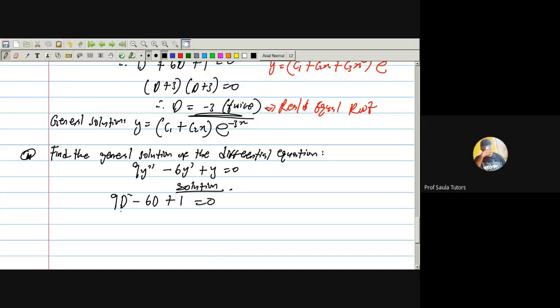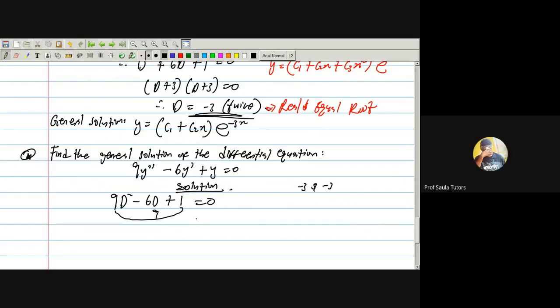So if I solve, remember, quadratic equation, this is 9. Two numbers to give me 9, and when I add them together, I have minus 6. What are they? Minus 3 and minus 3. Minus 3 times minus 3 is plus 9, minus 3 plus minus 3 is minus 6. But I think the root will be 1/3.